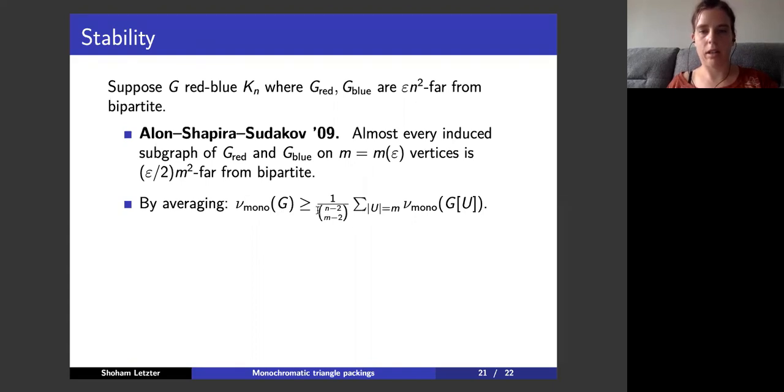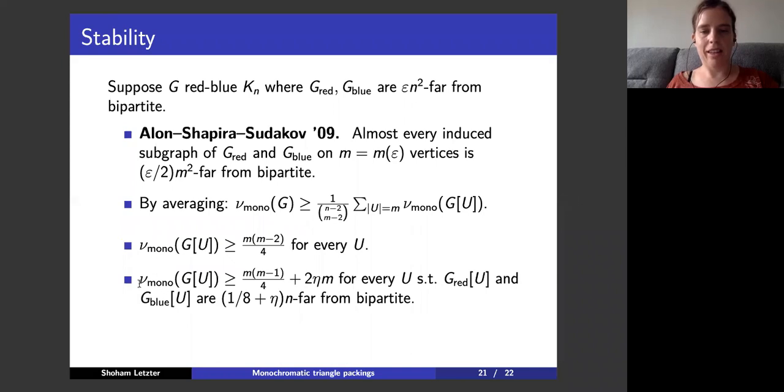Just iterating it, I get that the packing number of G is at most 1 over (n choose m) times the sum of all packing numbers of the induced graphs on m vertices. Now I always have, from the first result that I mentioned about fractional packing numbers, this lower bound m times (m minus 2) over 4.